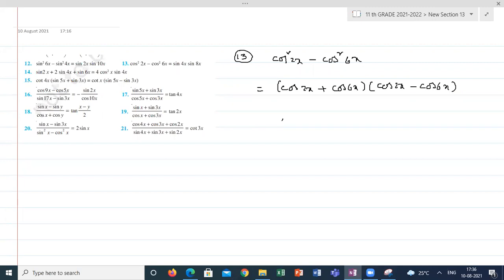Cos C plus cos D is how much? Guys, what is the value of cos C plus cos D? Go back to your formulas and tell me. Cos C minus cos D is how much?